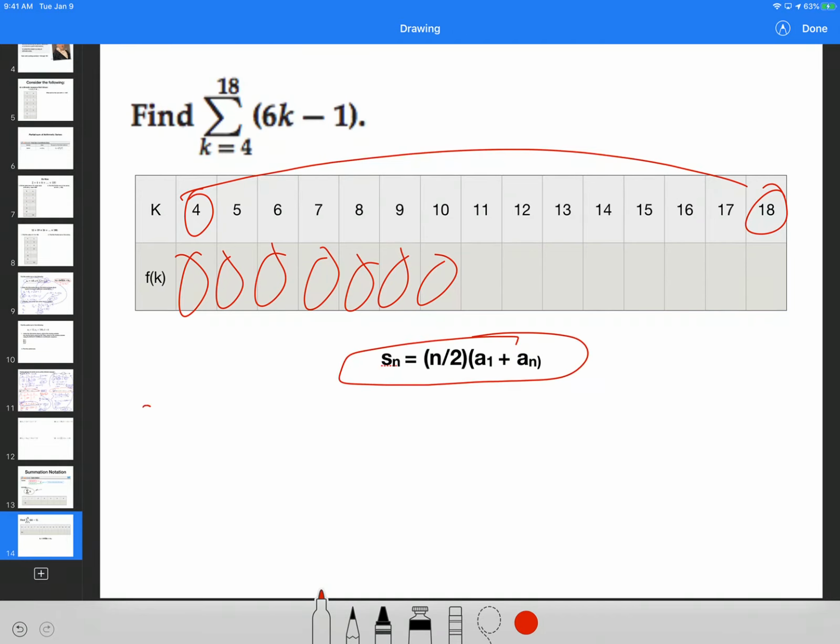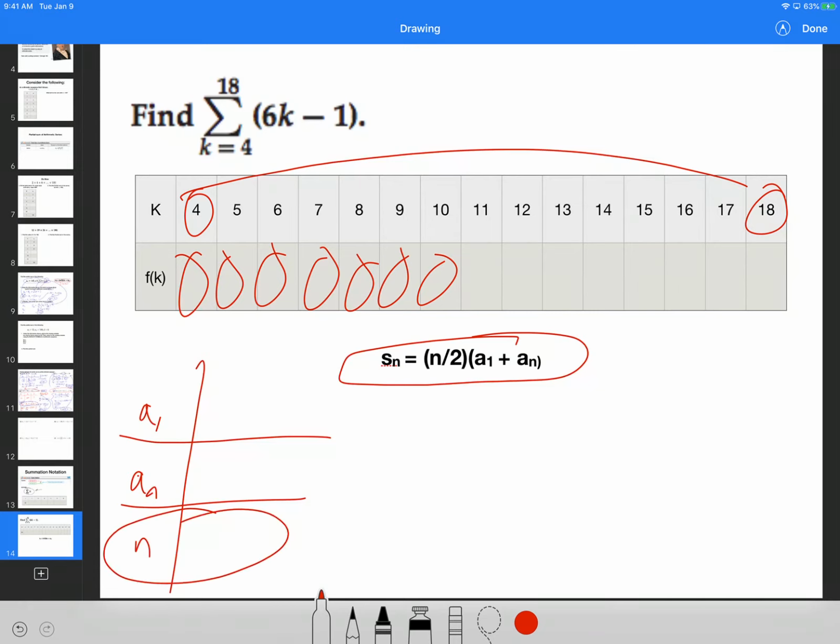Okay, remember, you always need 3 things: the first term, the last term, and the number of terms within them. It will be hard for us to kind of understand what the n value is in this particular case, but it's easy for us to find out the first and last term, right? Now notice that the first term is a sub 4 and the last term is a sub 18.